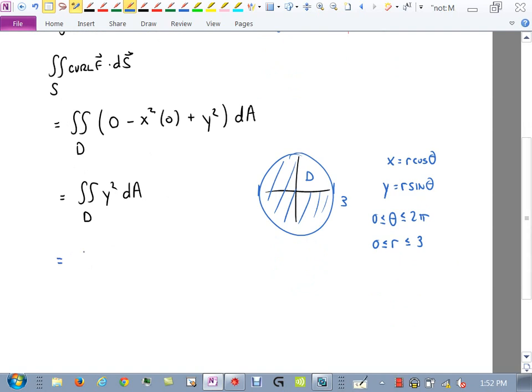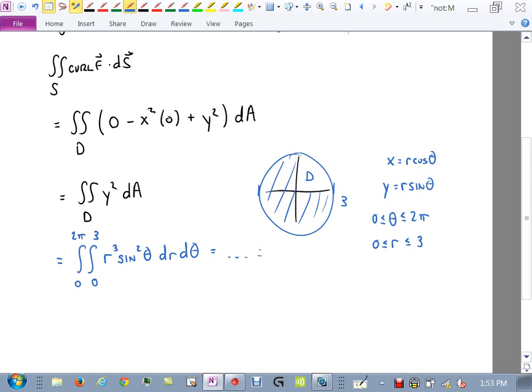So my new double integral, with my limits of integration, is 0 to 2 pi, 0 to 3 of r squared sine squared theta, times r. Don't forget that r. I don't think y'all are ever going to forget that r. I hope you don't. dr d theta.